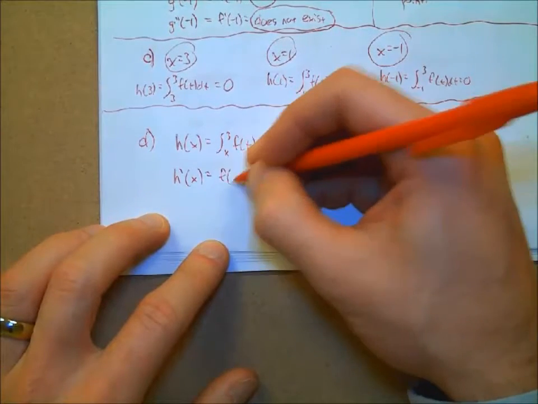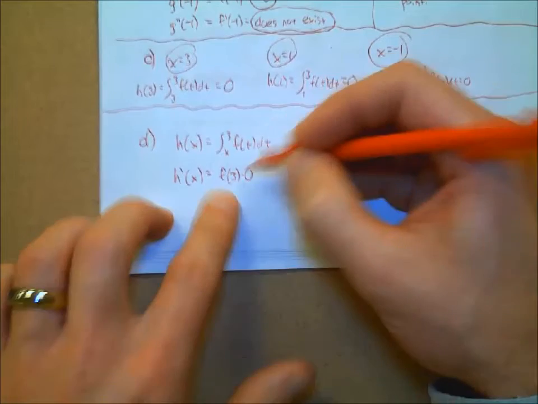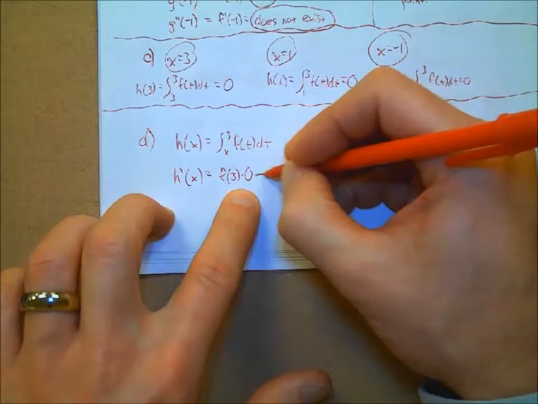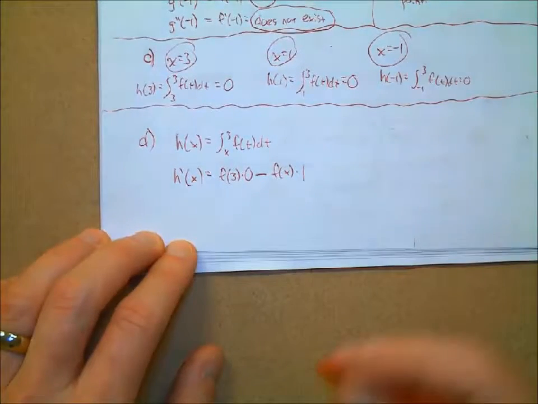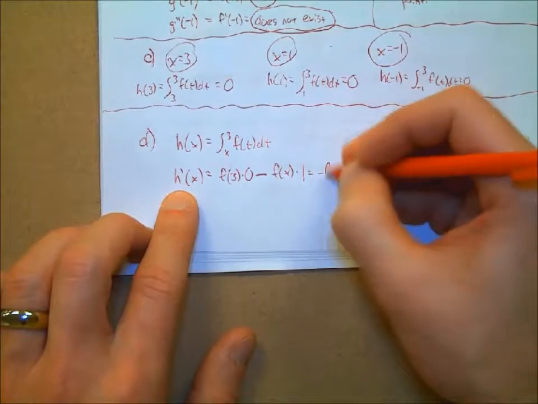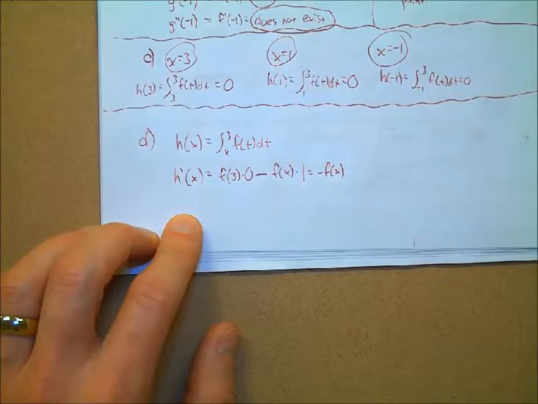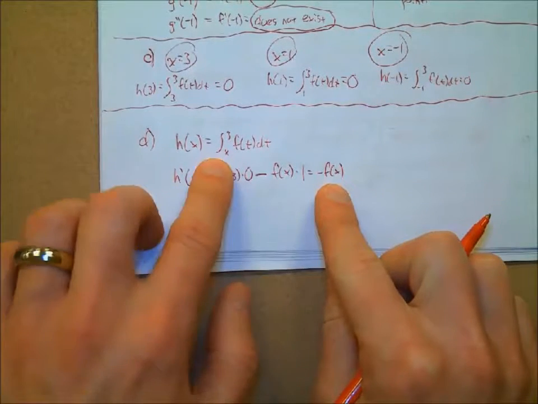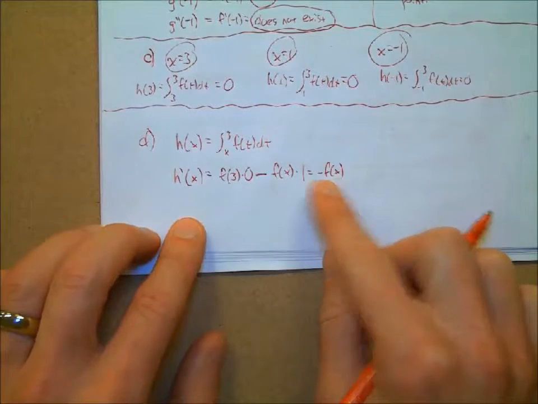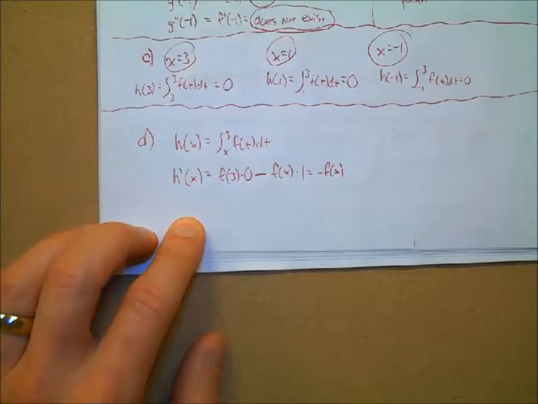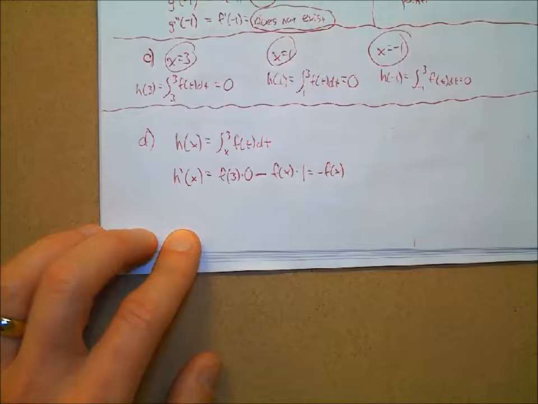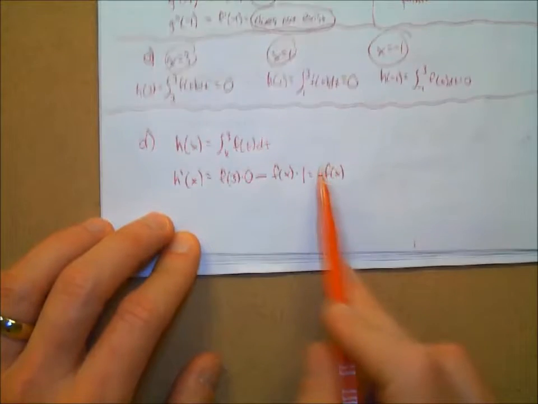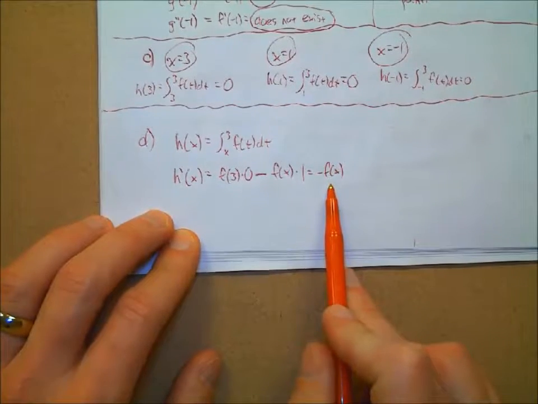It's f of 3 times 0, though, because the derivative of 3 is 0, minus f of x times the derivative of x, which is 1. And so h prime of x is negative f of x. So we have to be careful with that, okay? Because the x is in the lower limit there, it's going to end up being negative f of x because you subtract that lower limit. Okay. So that negative f of x, that's what we're going to use here.